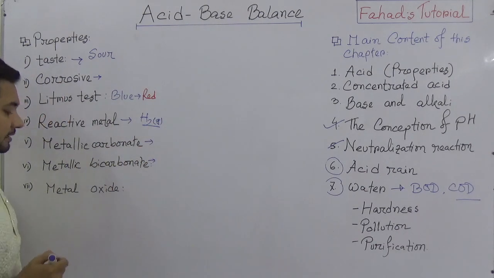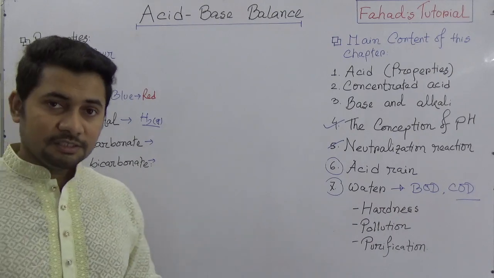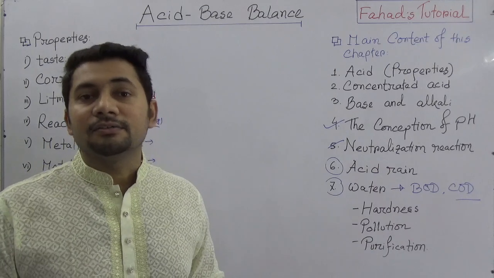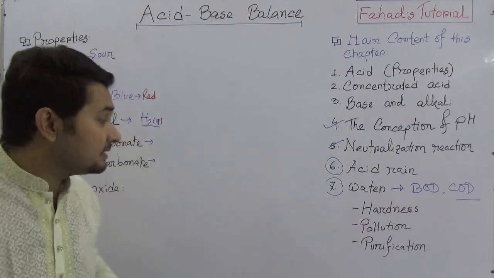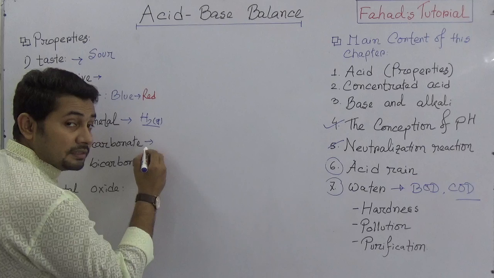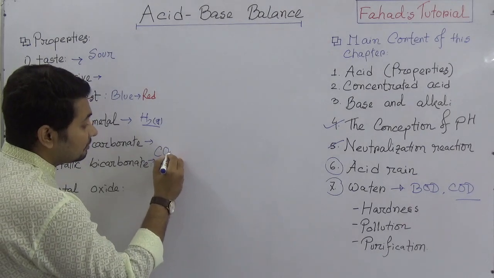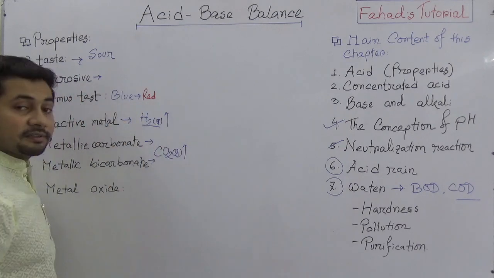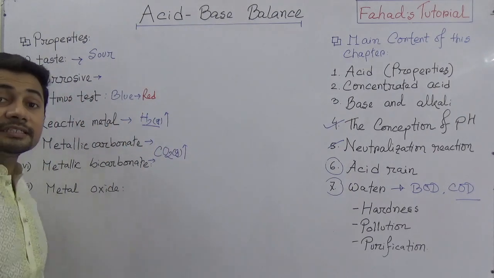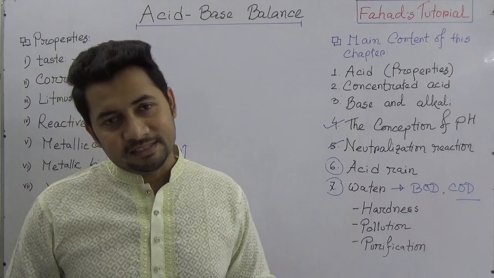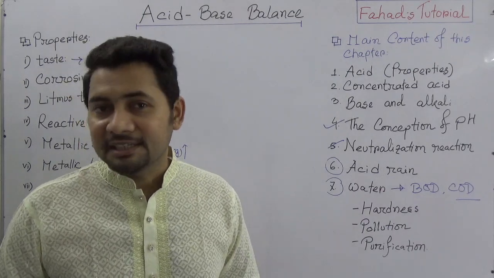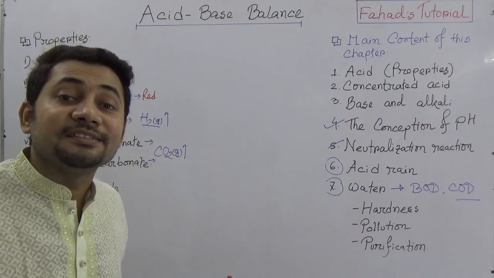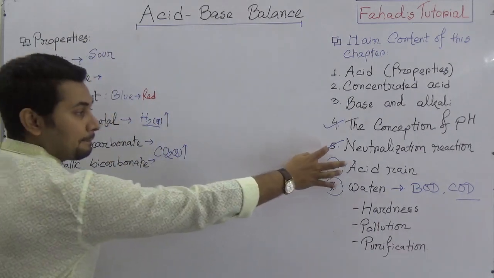In this case, when metal carbonate or metal bicarbonate undergoes reactions with any dilute acid, they will produce carbon dioxide gas. In the case of metal oxide, when acid undergoes reactions with metal oxide, then it produces salt and water, and this is the neutralization reaction.